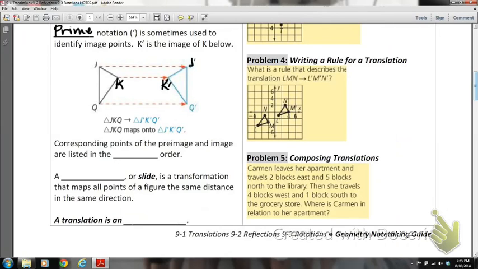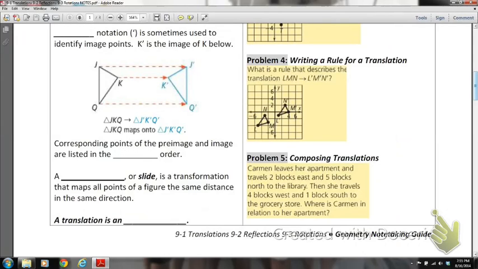J prime is the image of J. And Q prime is the image of point Q. Now, the way we read this is that triangle JKQ maps onto triangle J prime, K prime, Q prime. It's also important to note that corresponding points of the preimage and the image have to be listed in the same order. So since the preimage was named JKQ, the image had to be J prime, K prime, Q prime.